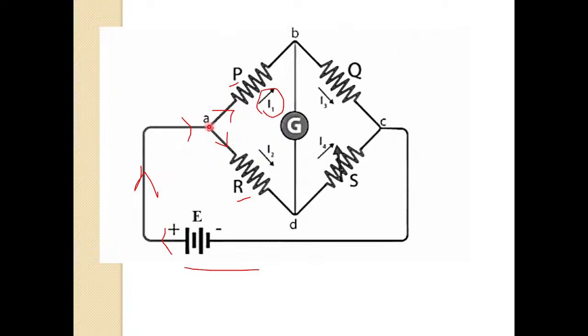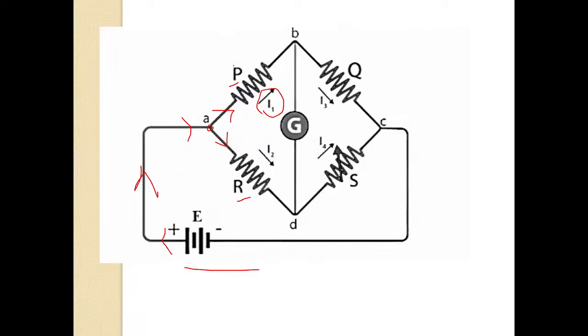When the bridge is balanced and no current flows through the galvanometer, showing zero deflection, then the voltage in the AB branch should be equal to the voltage in the AD branch.